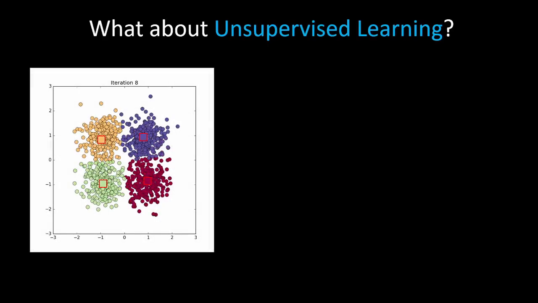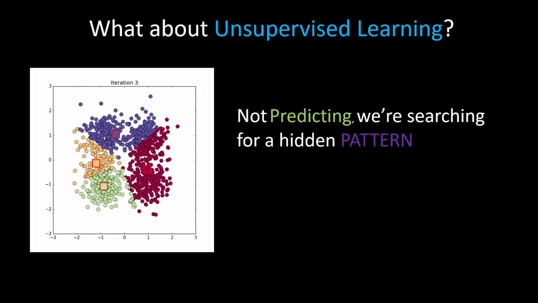And we've talked a lot about prediction so far. The majority of what we've been discussing has been prediction. But what about clustering? We mentioned it, but what about clustering? Clustering really belongs to something called unsupervised learning. The aim of unsupervised learning is not predicting, we're searching for a hidden pattern. That is a huge distinction between supervised and unsupervised.